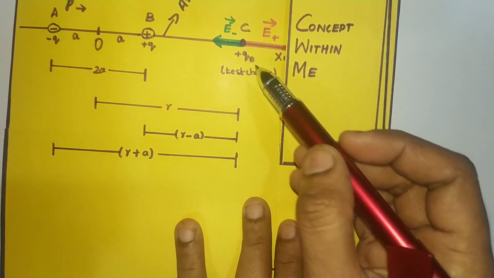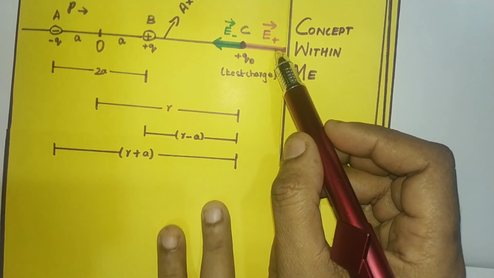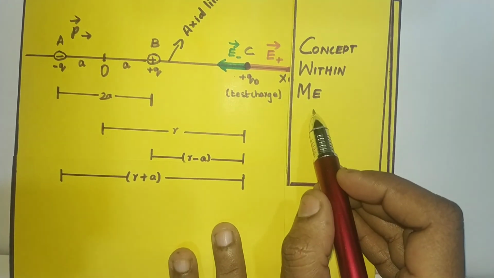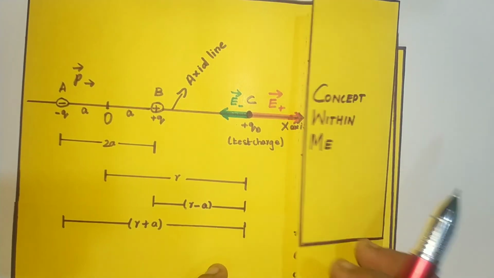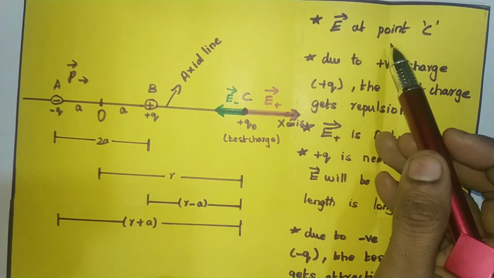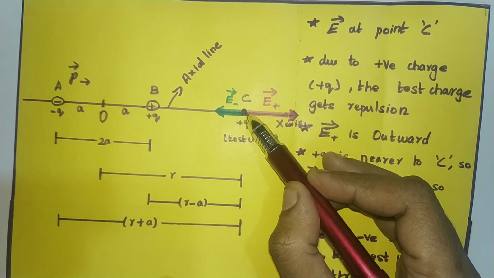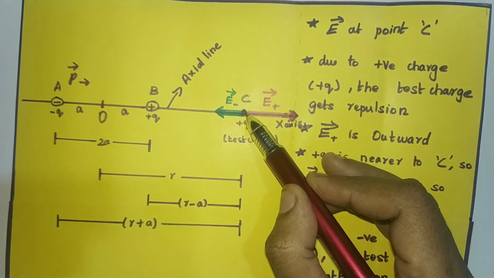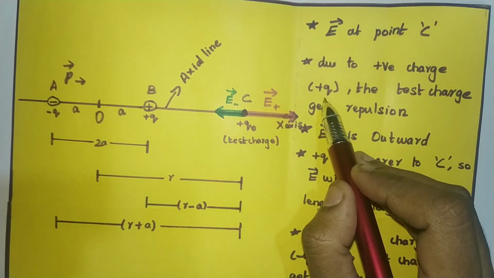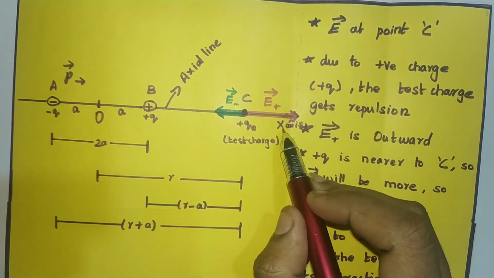Here there is a picture with the representation of E plus vector and E minus vector. Let us find what's the concept within me. Here you see E plus vector at point C. We have to find E plus vector at the point C. Due to positive charge plus Q, the test charge gets repulsion.